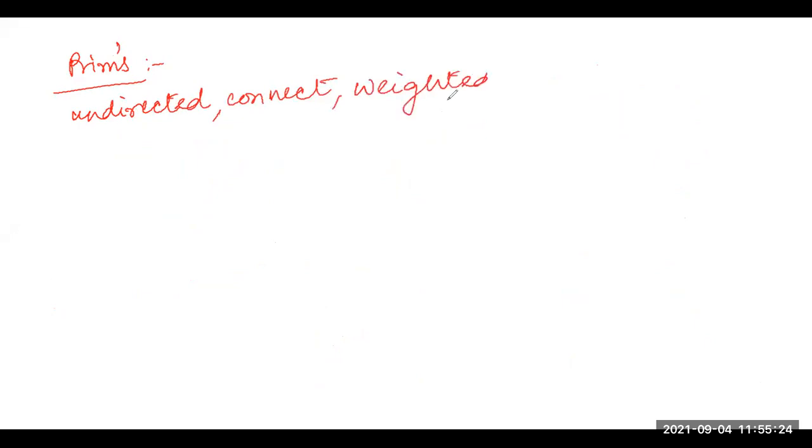This is the slight difference. So Prim's has one limitation: it only works for undirected graphs, whereas Kruskal works for all varieties of graphs in order to find the minimum spanning tree.